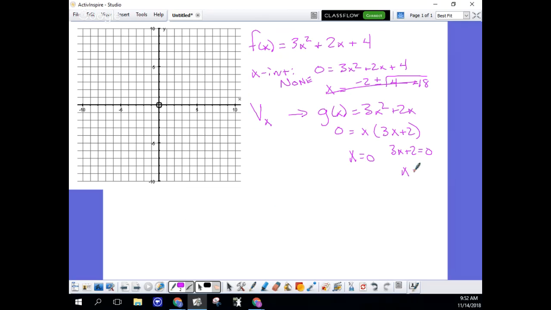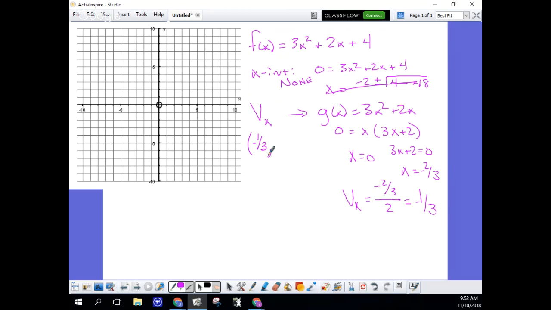So this is x equals negative 2/3, if I subtract the 2 over and divide by 3. So now if I add those up, 0 plus negative 2/3, and I divide by 2, I get negative 2/3 divided by 2, which is Vx, negative 1/3. All right, so negative 1/3 is my Vx.